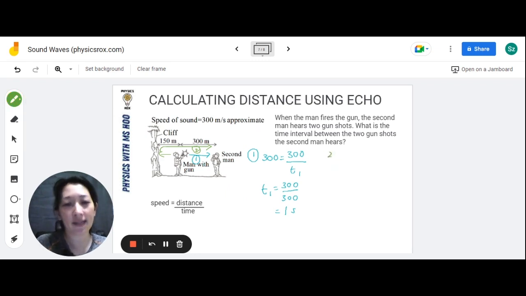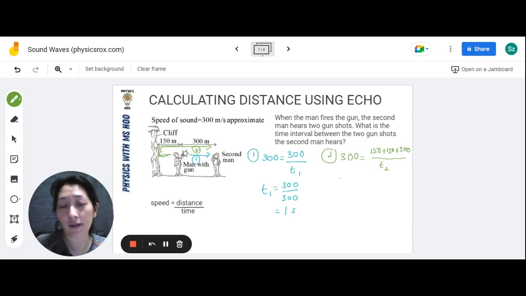Now for the second gunshot that we hear, let's write the speed first. So that's 300 equals to, now to get the total distance, you have 150 here, 150 here, and 300. So I'm going to write that over here: 150 plus 150 plus 300 divided by T2.